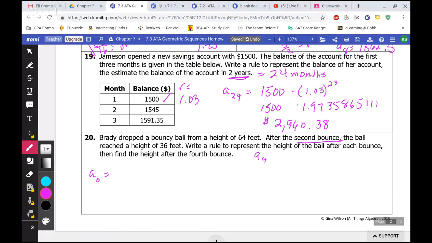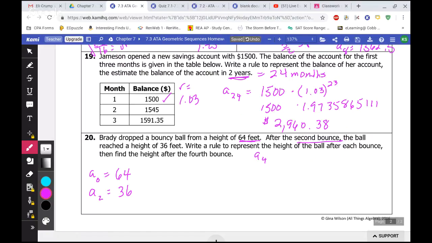So somehow I have to account for that. So I'm going to do A sub 0 and then A sub 2 is going to be the equivalent of 36. So there's a distance because it dropped it. And so it's talking about the second bounce, so coming back, because it dropped it from here.